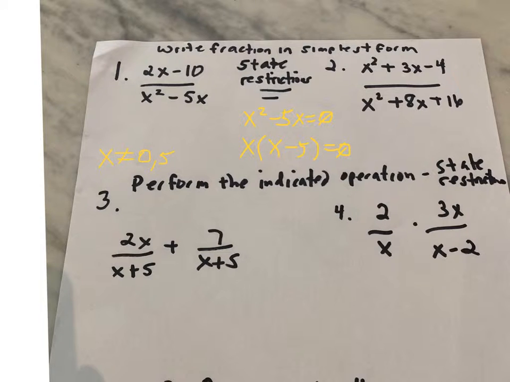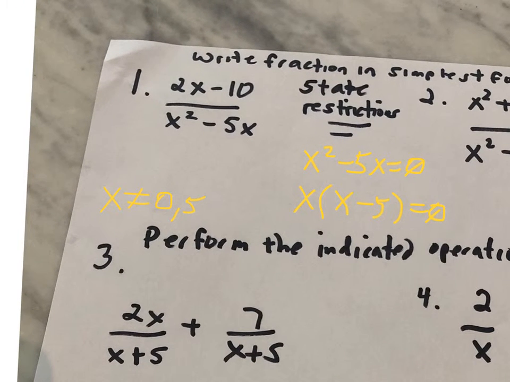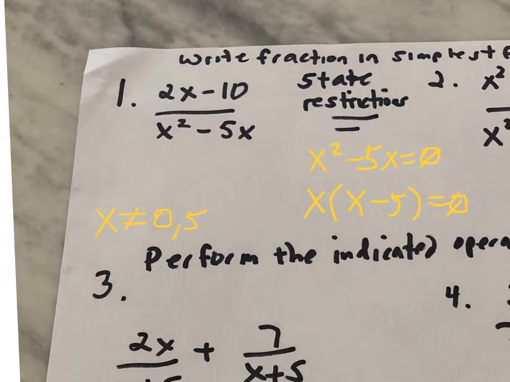And as far as actually simplifying this thing, factoring is a good idea in the first place. You're going to want to factor the bottom and you're going to want to factor the top. So I'm going to do that right now. We'll blow this up a little bit. So factoring the top gives us 2 times x minus 5 all over x times x minus 5.